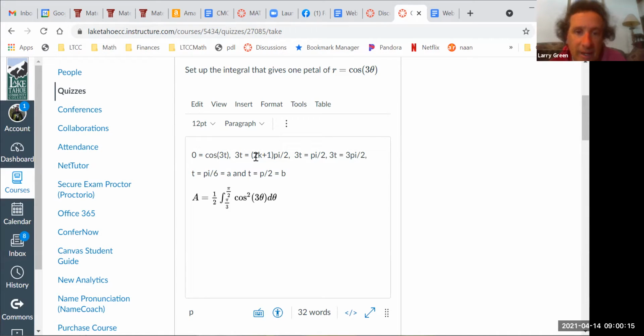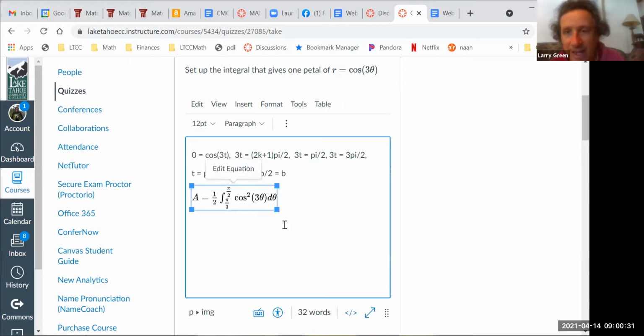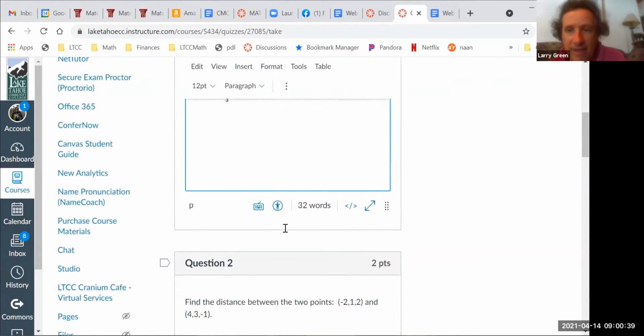Then you get -2 plus 1, which is -1, pi over 2, and then divide by 3 and get negative pi over 6. So you could use negative pi over 6 to pi over 6. That's fine. But when you say can you use negative pi over 6, only if your next one is the sequential one.